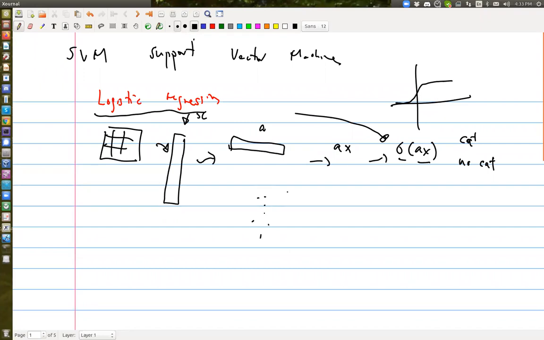But if you visualize the whole scheme here, we have some data points in high dimension. Of course, I can only draw 2D here.